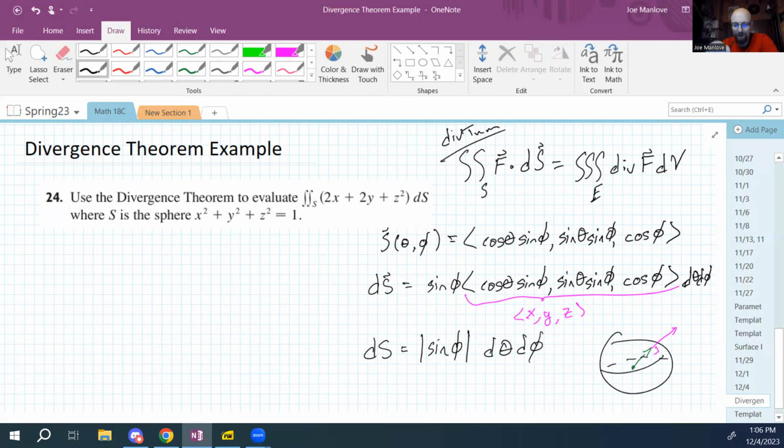That's actually just the definition of dS. Had I looked in the book, I maybe would have found that dS is the normal vector and then some kind of d area with respect to the surface, or a unit normal vector, right? I didn't happen to remember that, and so I arrived at it in a slightly different way. That's totally fine. We got here. The important thing is that we get this magnitude of sine phi here, right?